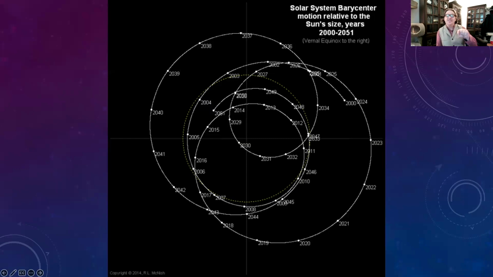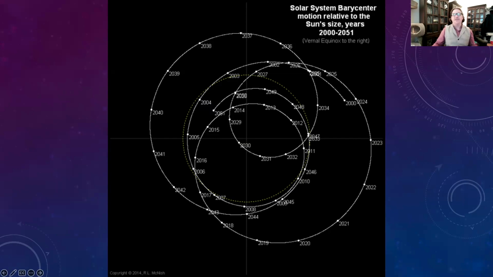You can see the sun changes its position relative to that center point quite dramatically as a function of year. And that is because, again, of gravity. The different planets, most notably Jupiter, the gravitational influence of these worlds are affecting the sun's position relative, again, to a background field of stars or background reference point.